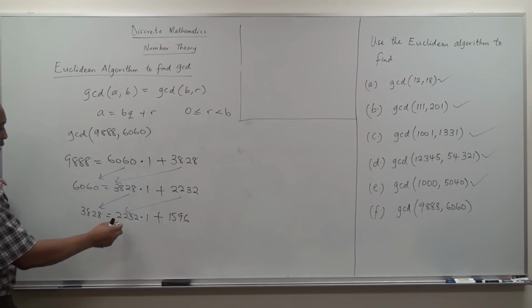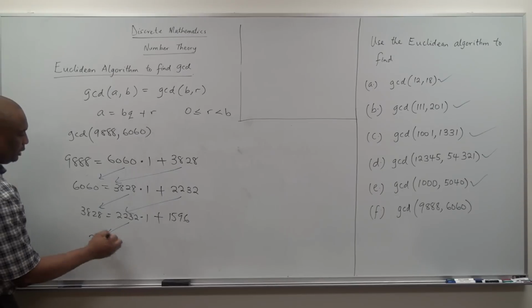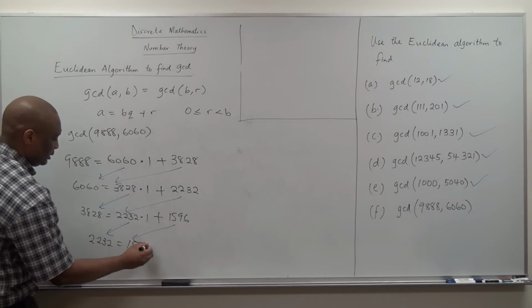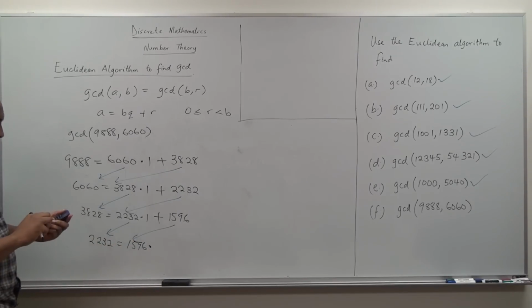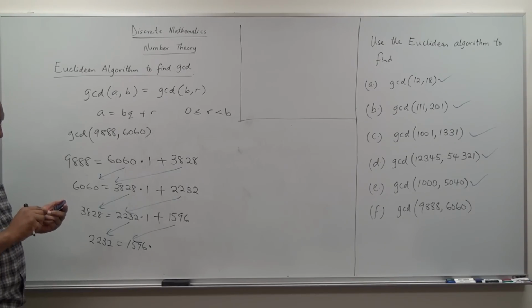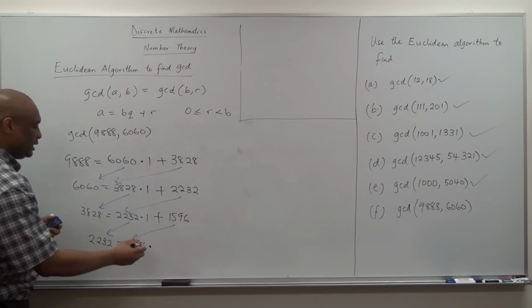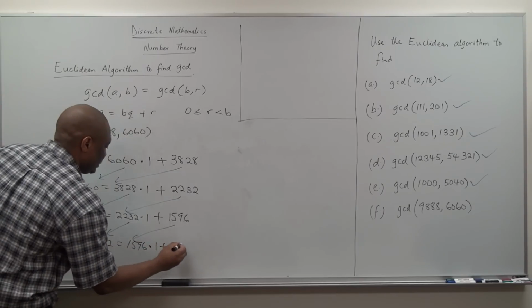So you bring this over here: 2232 will be 1596 times what? Let's divide it. 2232 divided by 1596 gives you 1.39 something. Bring out the integer part 1, plus you subtract 2232 minus 1596, which gives you 636.